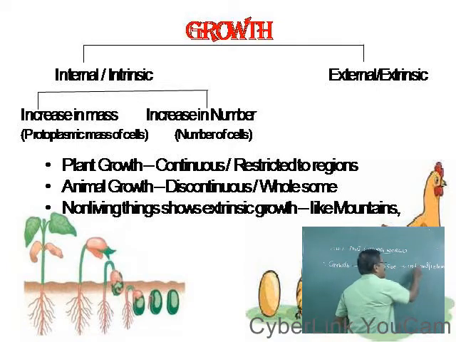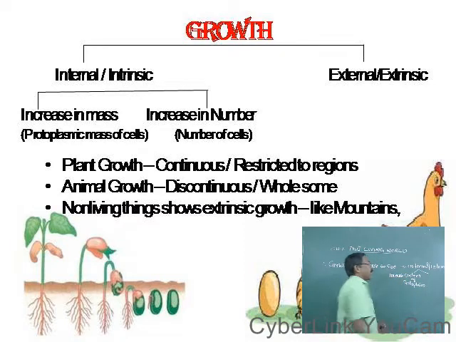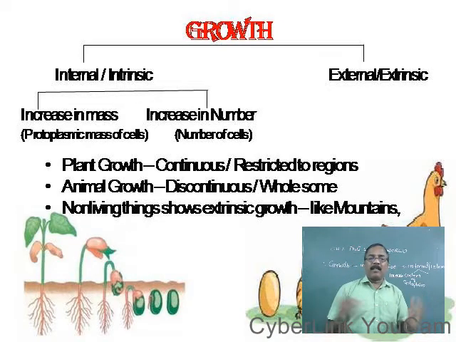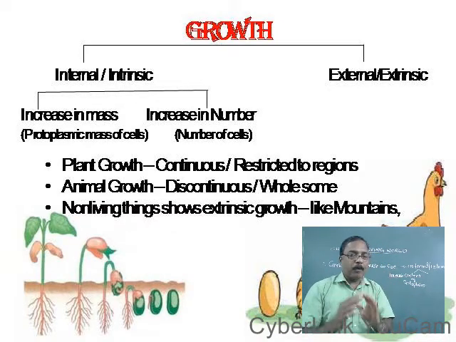So here internal growth can be either by increasing the content of protoplasm. Increase in protoplasm content can be a method for internal growth, where the nutrients that organisms take are used for making protoplasm.